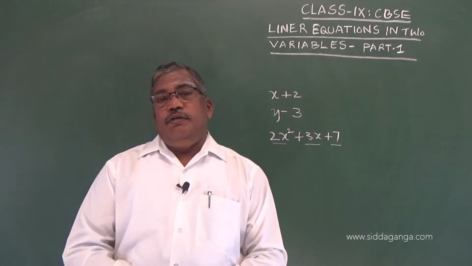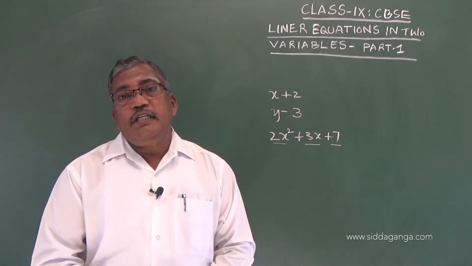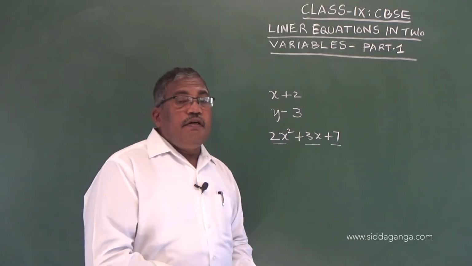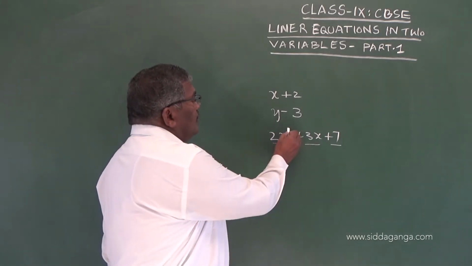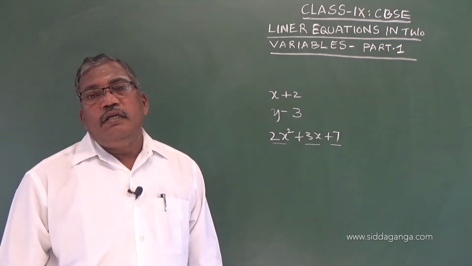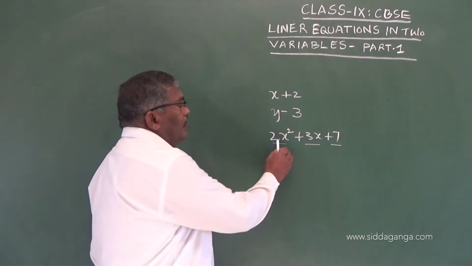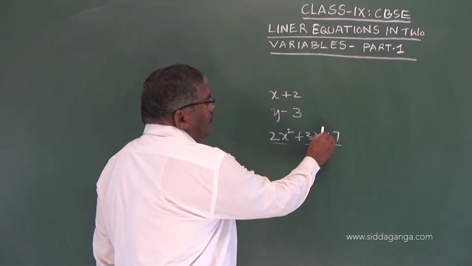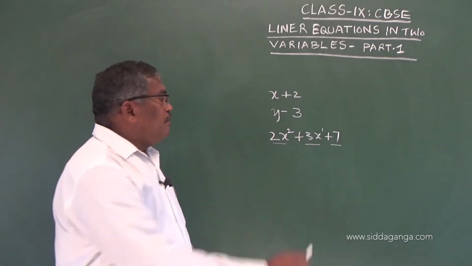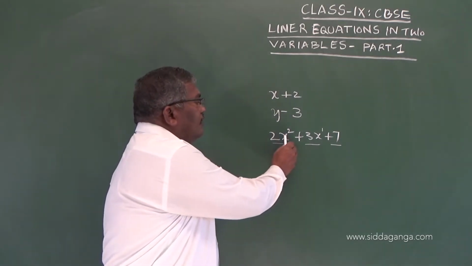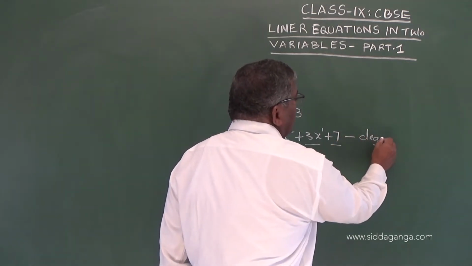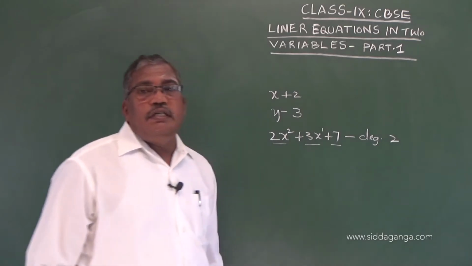One more thing we have to recall is the degree of an algebraic expression. The degree of an algebraic expression is nothing but the highest power of the variable in the given expression. Here we have 3 terms. The power of x in one term is 1, and in another it is 2. Therefore the highest degree of the variable is 2, so the degree is 2.